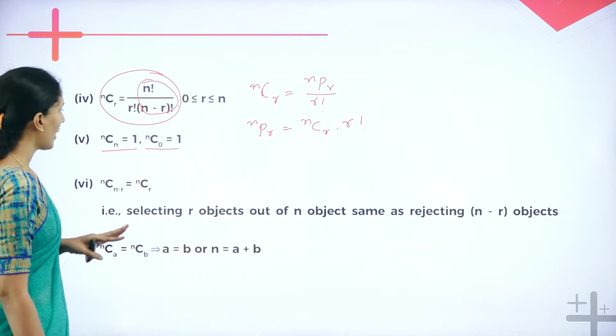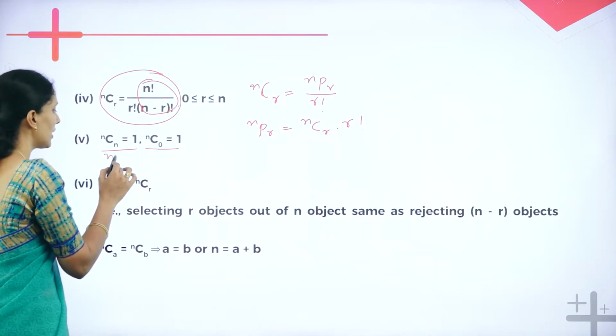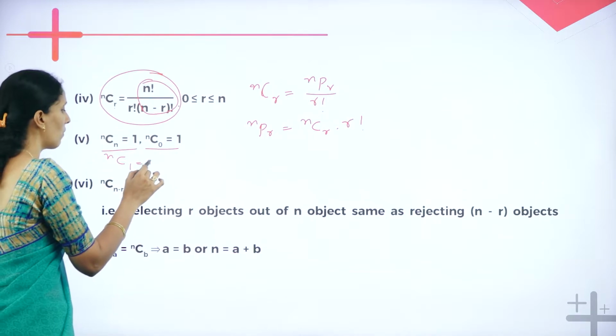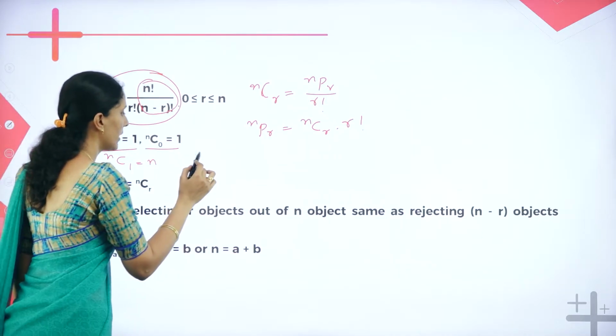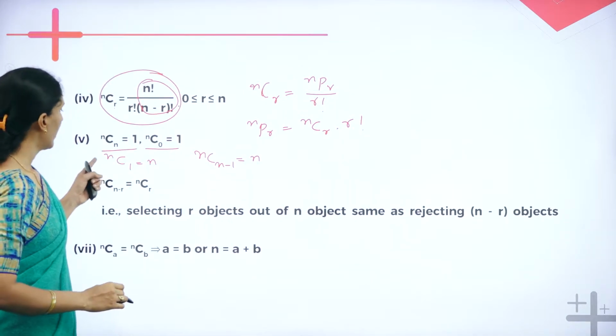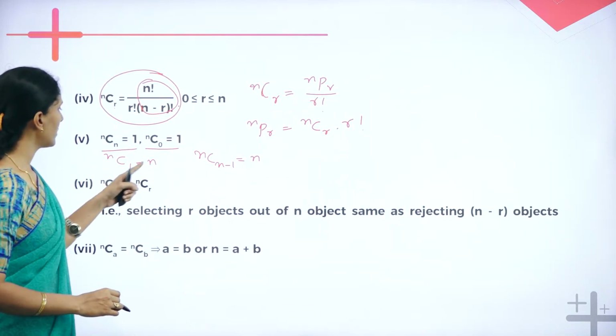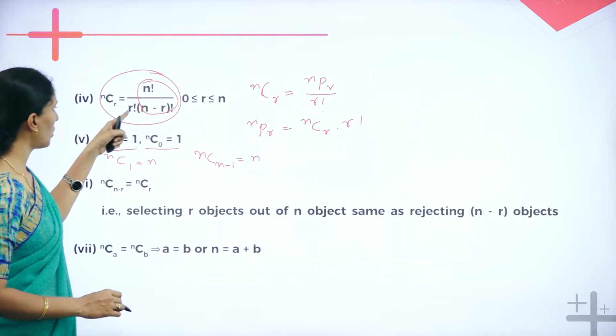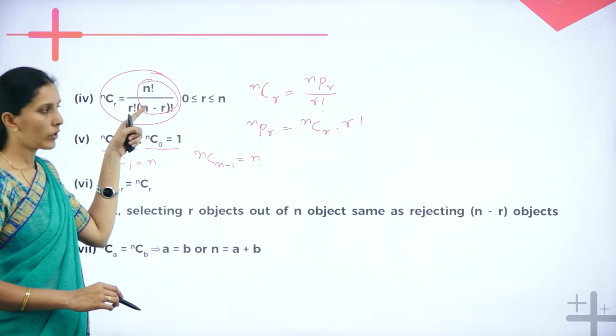You also can write one more relation, that is NC1 is equal to N, and also NC N minus 1 is also N. If you put R is equal to 1 there, it is 1 factorial again.